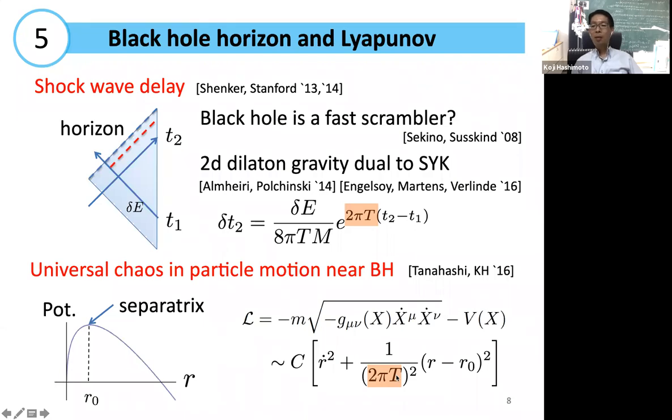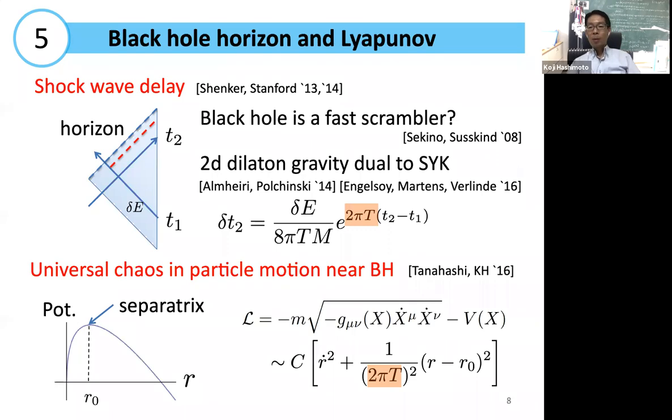So this means that there is a universal behavior of the separatrix near the black hole horizon. Of course, if you solve the equation of motion of the effective Lagrangian, it grows exponentially and the coefficient is 2 pi T. So even a very simple particle motion near the black hole horizon can probe this 2 pi T as a Lyapunov exponent.